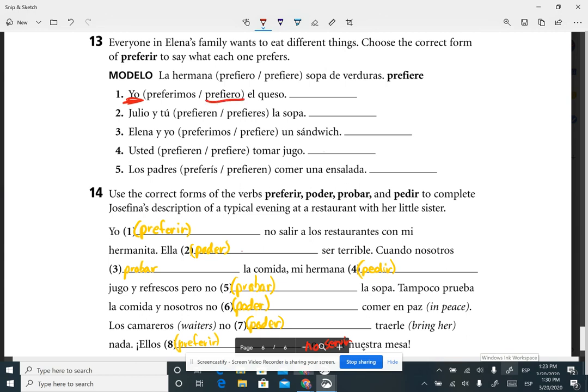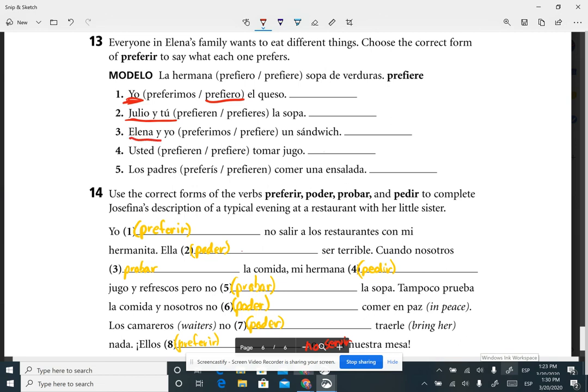It can't be preferimos because that's we. Here we have Julio too. That's two people, so the answer hopefully is obvious: it's the plural one, the they or the you all form. In this case it would be you all, because it's talking about Julio and you guys preferring the soup.